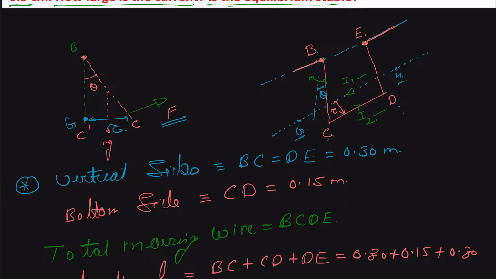So this CD, if we look from our side view, this is our point B and this is C, and the vertical is our BC prime. So the angle of deflection between the vertical and this BC because of the force of repulsion between this GH and CD is taken as theta, and the distance between the two is our R.